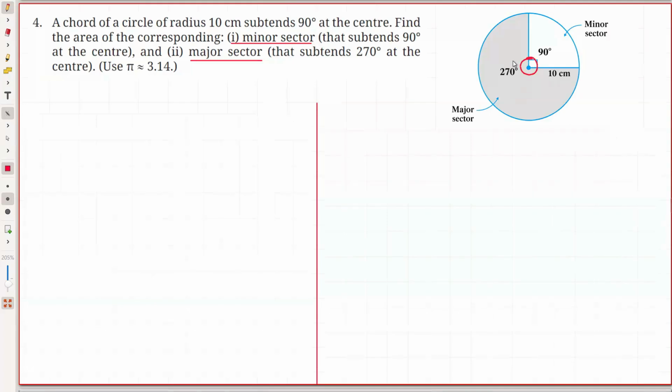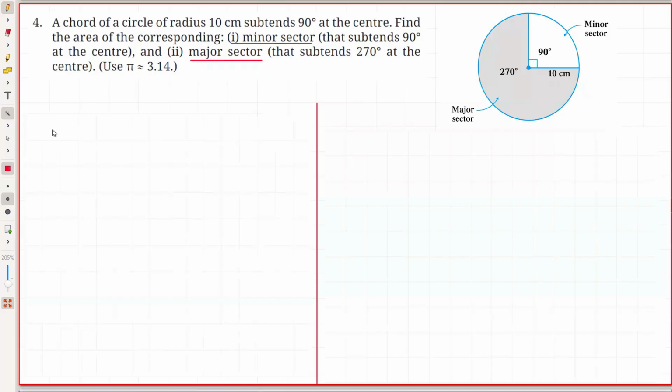This is one way. One more way is there: the area of the full circle minus the area of the minor sector gives the major sector.